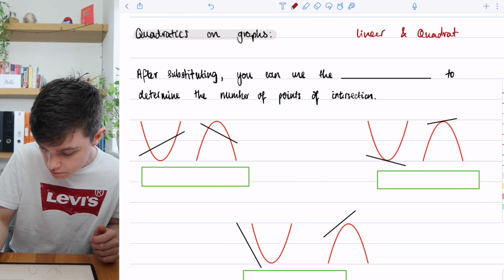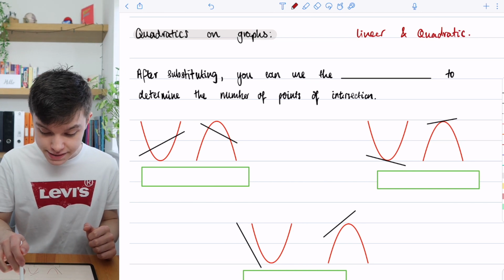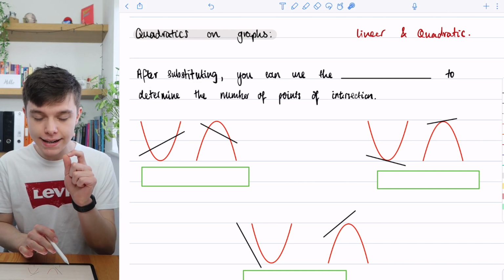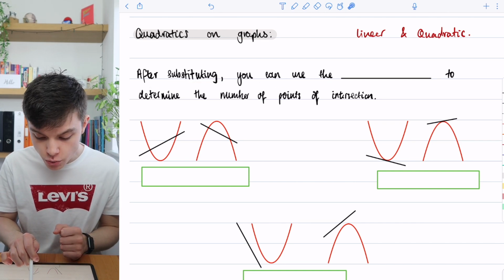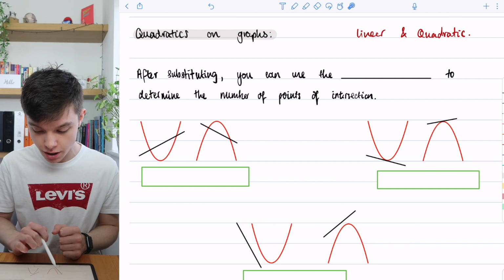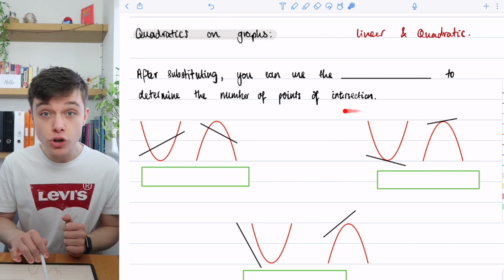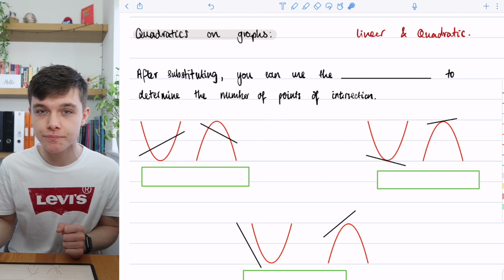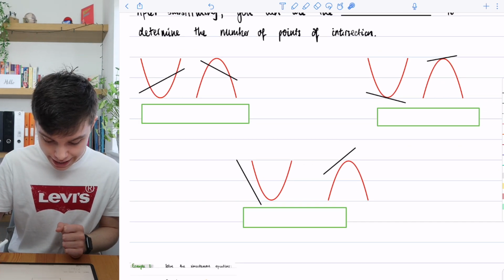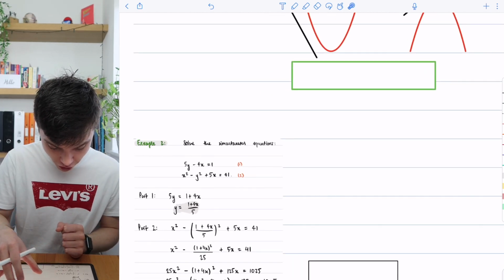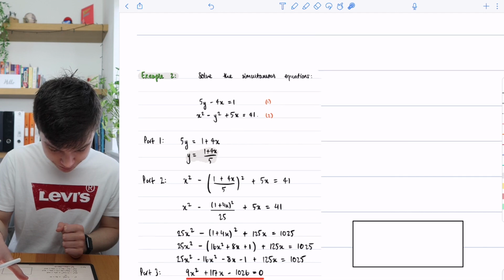Okay? And what I've got here says, after substituting, we'll look at an example in a minute, we can use something, it's going to go on this straight line, to determine the number of points of intersection.